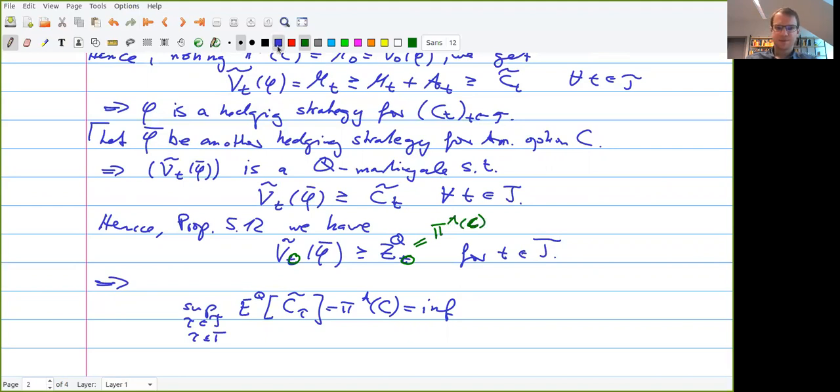Okay, so this concludes our proof that the initial capital I need to super hedge my American option is indeed the arbitrage-free price.